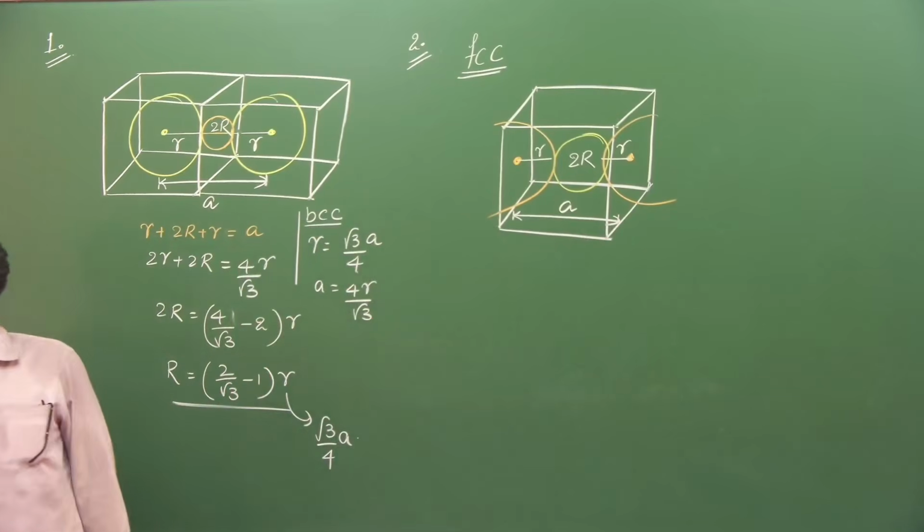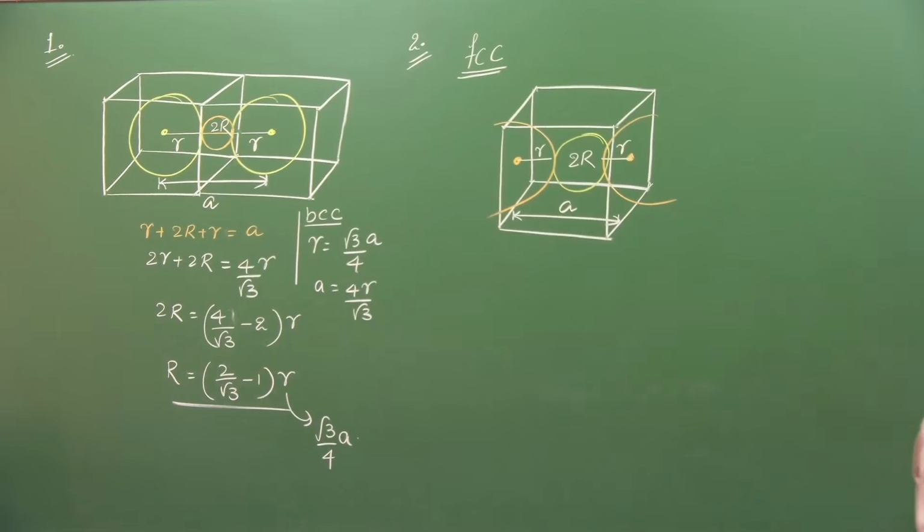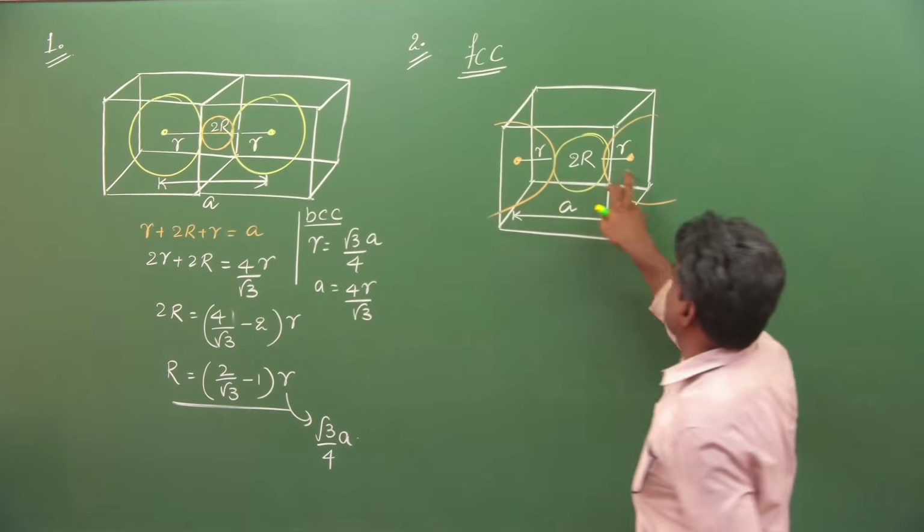So you have to take 2 successive atoms in FCC.